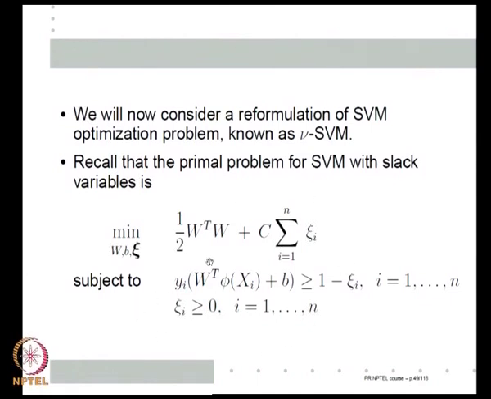The problem with this optimization is I do not know how to choose C. C is a kind of an exchange rate between margin and some measure of error, and the measure of error is very crazy here, because ξi greater than 0 does not mean that I am actually making an error.